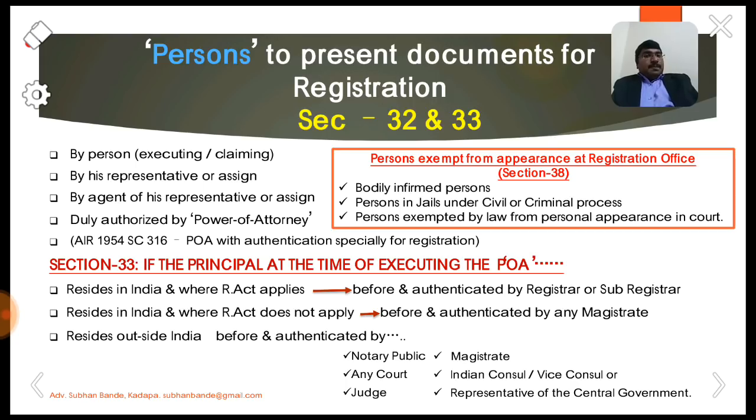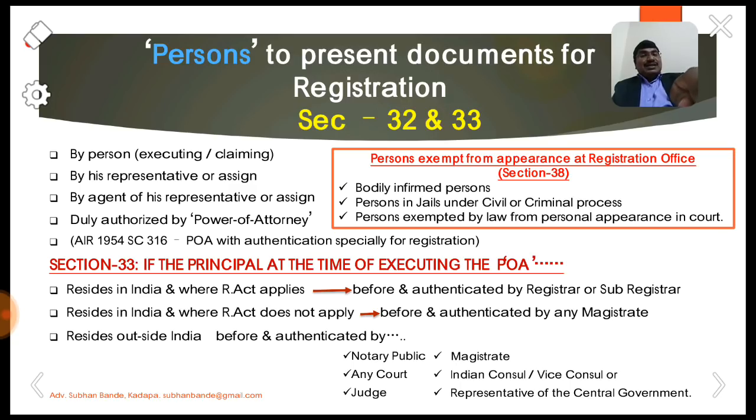The second one, if the executor resides in India but the Registration Act is not applicable in that area, in that geographical area the Registration Act does not apply. Under such circumstances, he should execute the special power of attorney before any magistrate, and it should be authenticated by any magistrate.